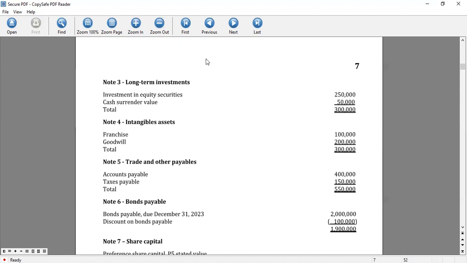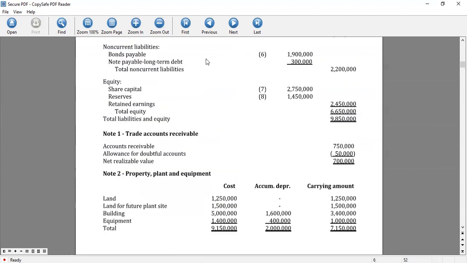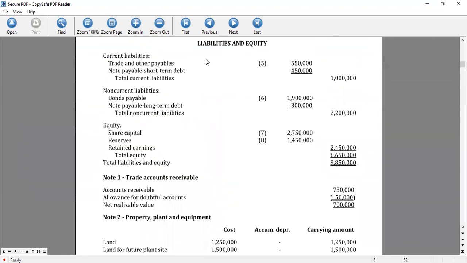So it has to be appropriately deducted from bonds payable. So the net bonds payable is 1,900,000. To be extended, bonds payable 1,900,000.